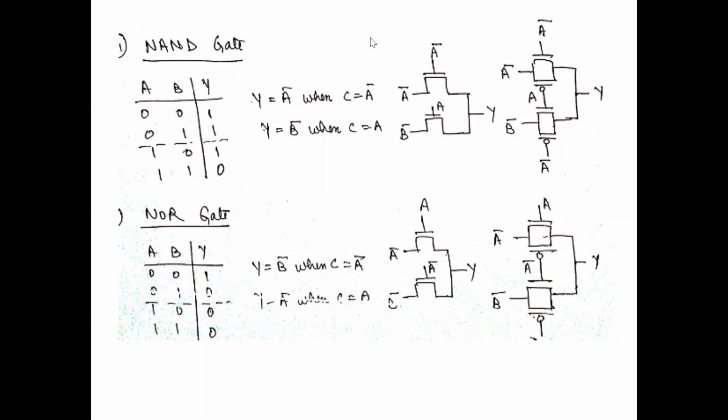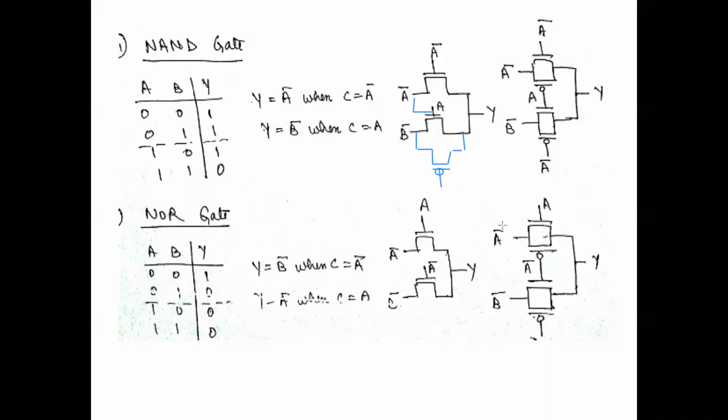And as I said, if we draw the inverted for this, if we draw the P transistor, and here instead of A bar control signal there will be A. Let me draw the P transistor for this. We'll have to put a bubble here.